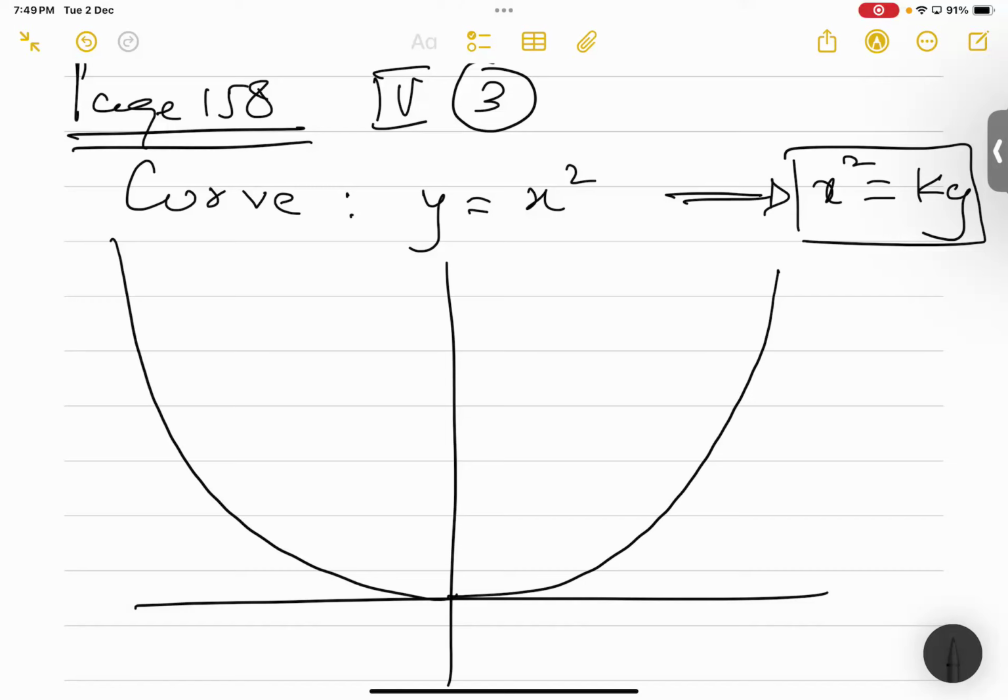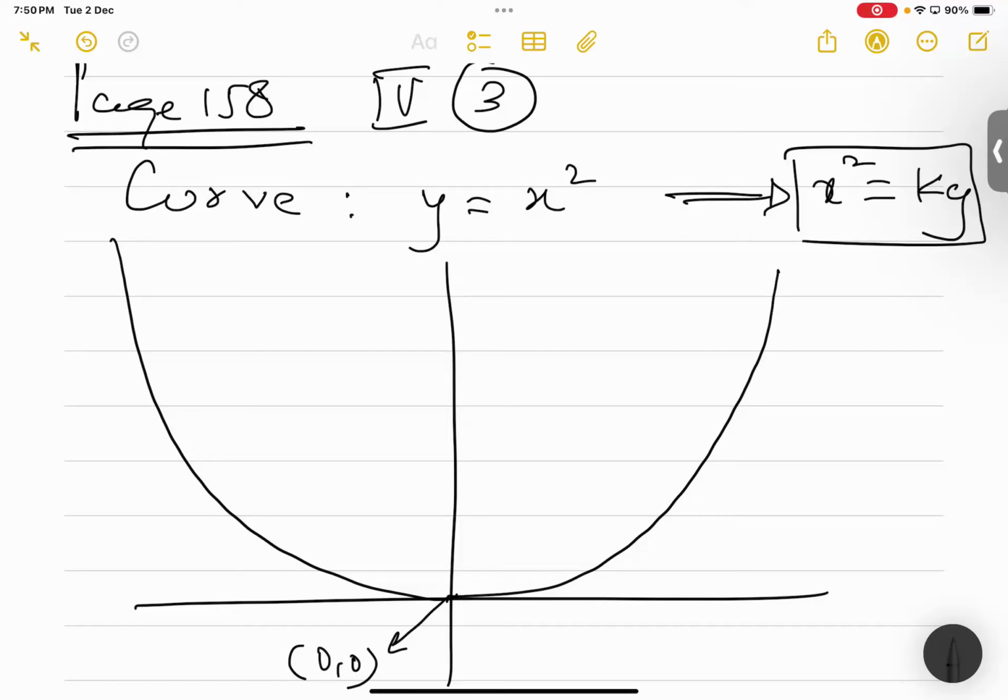Correct? So this point is 0, 0. Now they won't give you any complicated parabolas like the science students. Okay. Now what? Which line? Only one line is given. Y equal to 10 is a line.